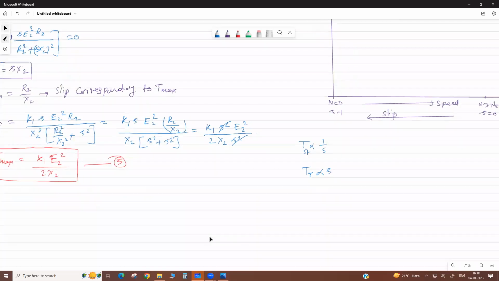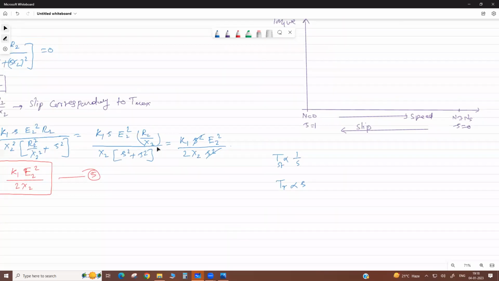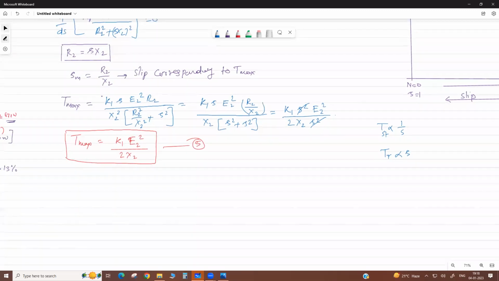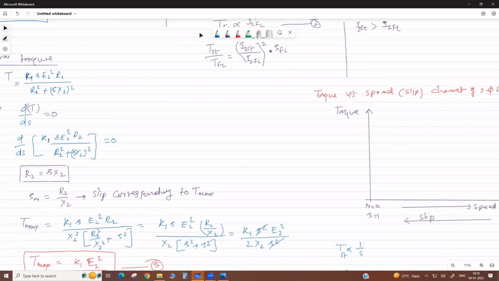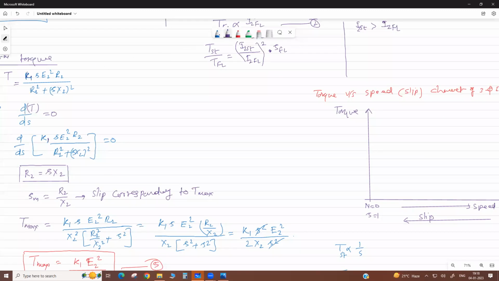That's why, from this we can calculate. This is your general torque equation, no? See, at starting, this is the maximum slip.